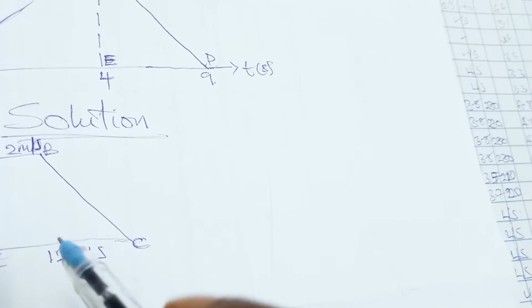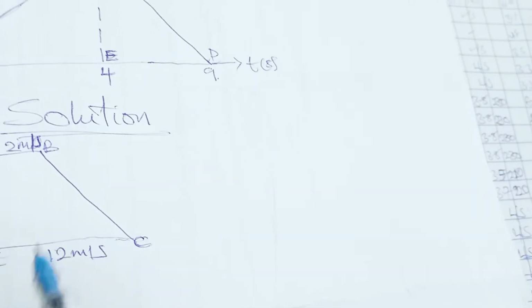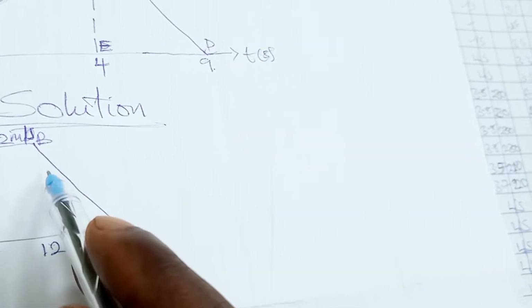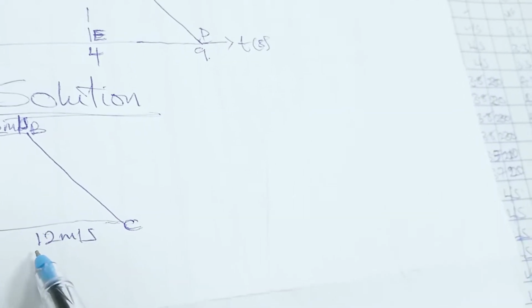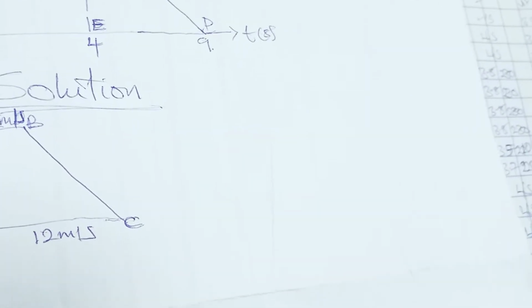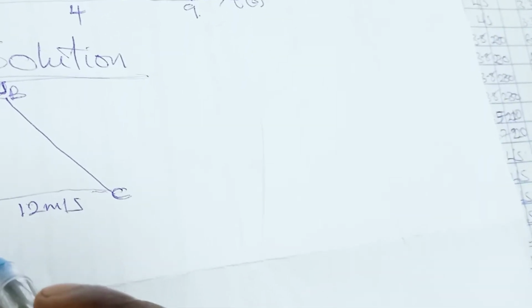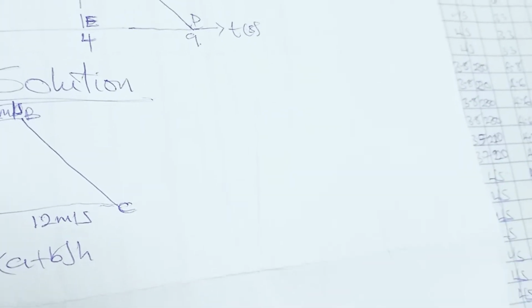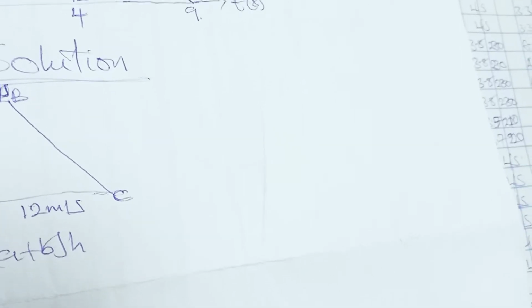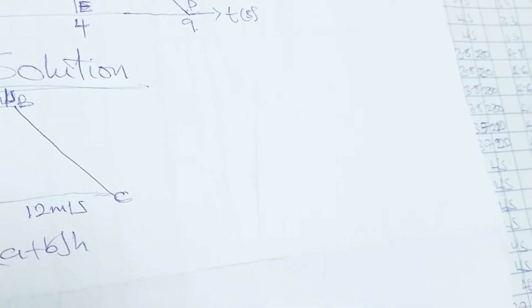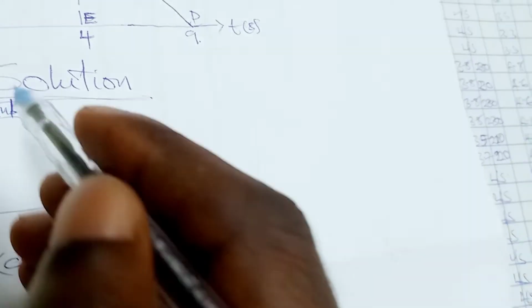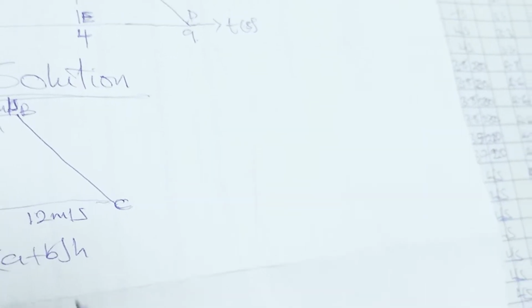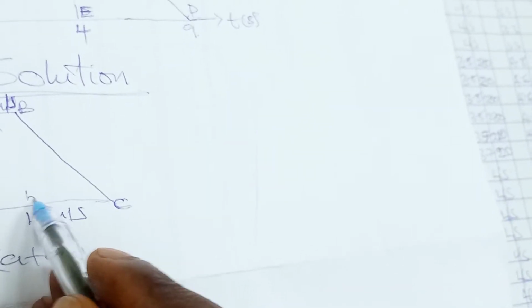Since this is a half trapezium, it means we can use the trapezium formula to calculate the area of this figure. Area of trapezium is equal to 1 over 2 (A plus B) times height. What's the height here in this question? The height here indicates this. Then the A here is your 2, while the B is your 12.